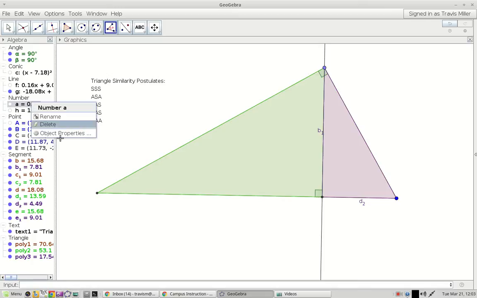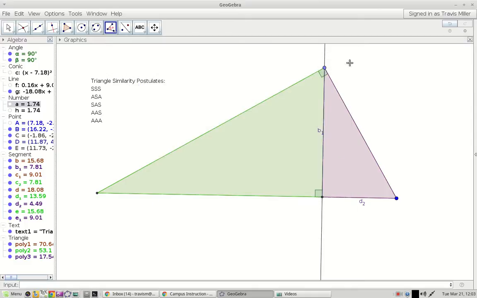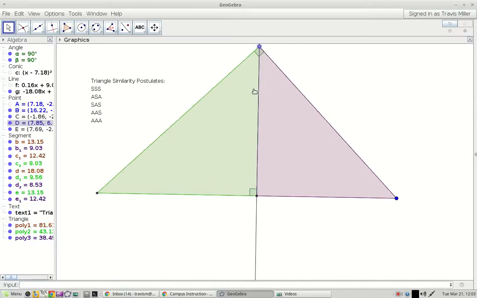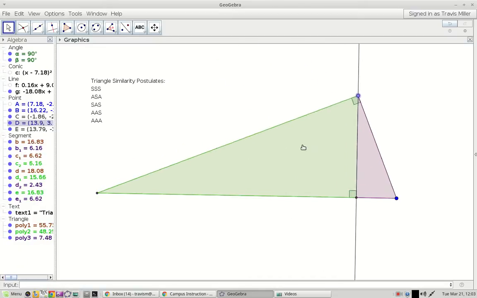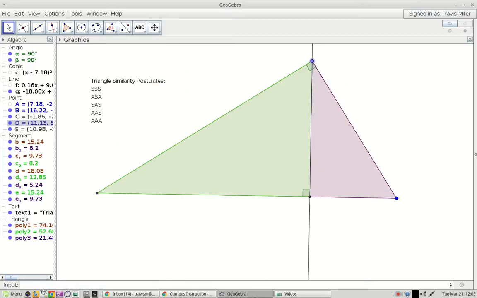Alright, so my first number should be this. When you're done, you should have that these ratios are the same. As I move this around, even though those numbers change, it should maintain the same.